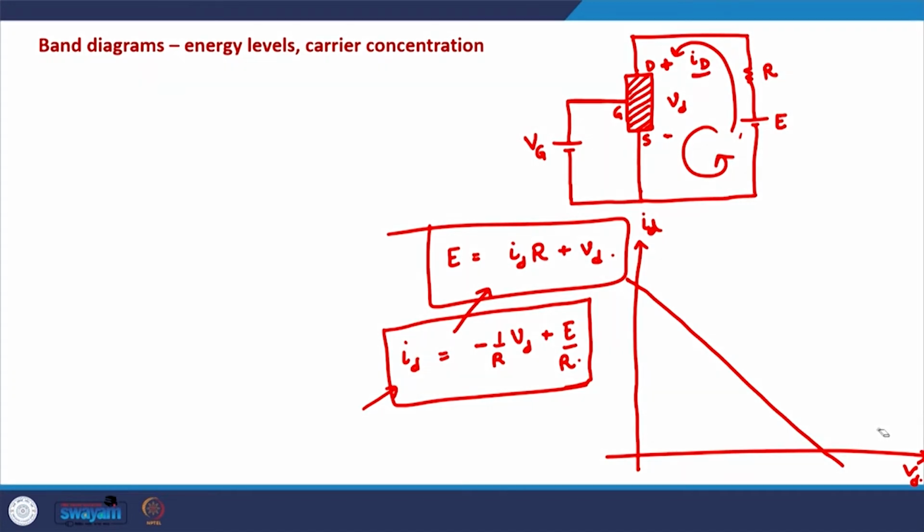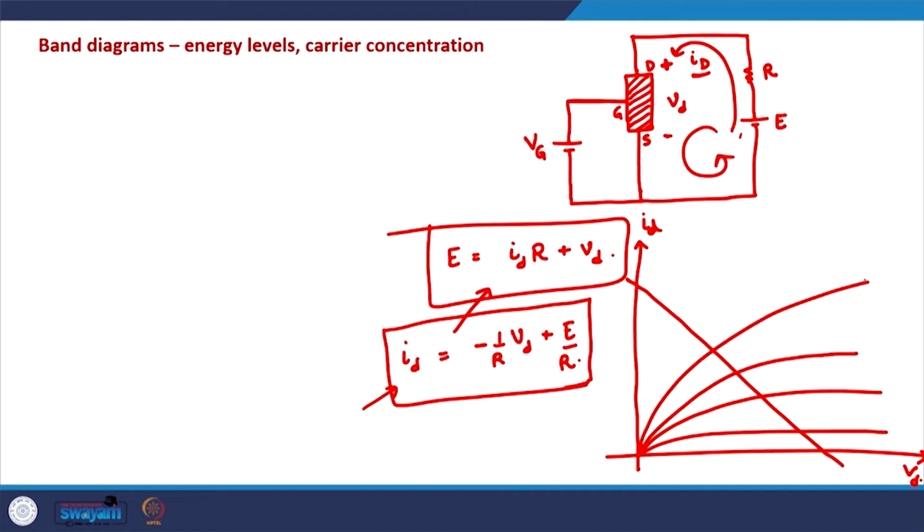At the same time, the ID and VD also satisfy the MOSFET characteristics, and as we had seen, this is how it looks like for low gate voltages. For slightly higher, this is how it looks like for various gate voltages.